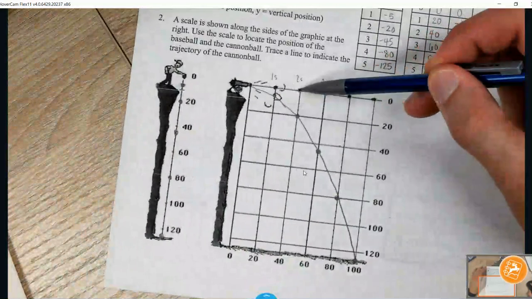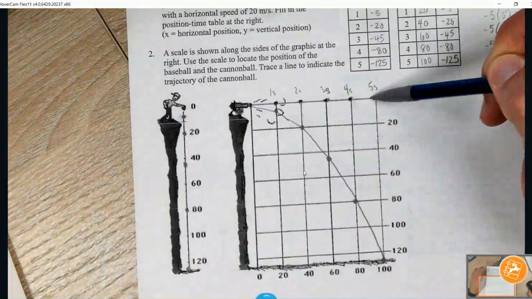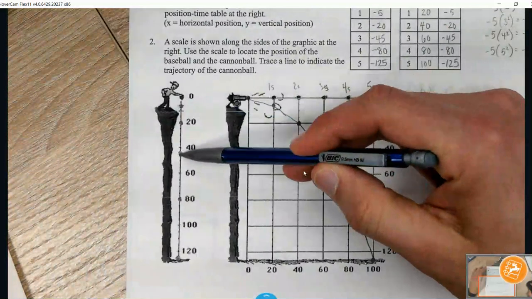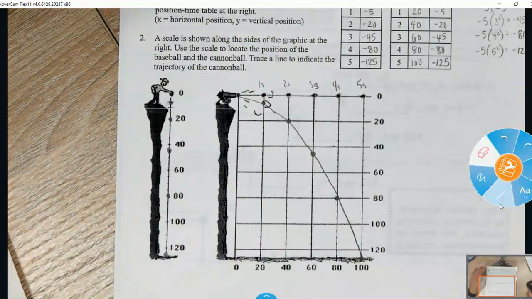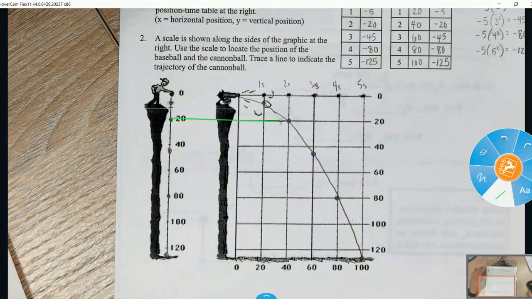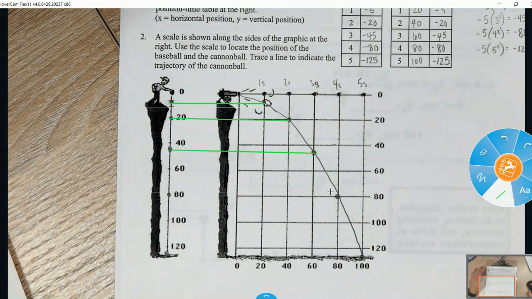So here is our horizontal motion. This one was just straight vertical. But if you look, they match up identically. All right, the 20 and the 20, the 5 and the 5, 45, 45, 80 and 80, and 125, 125.